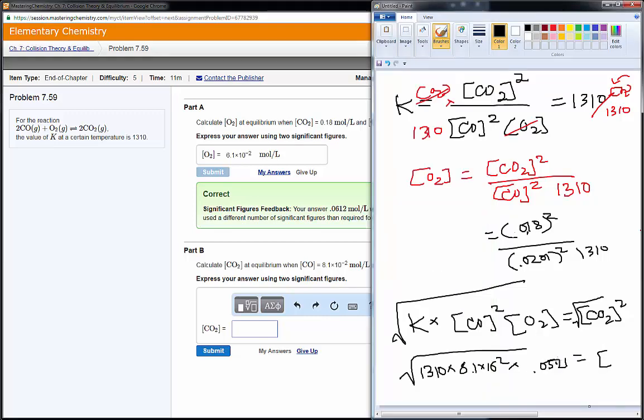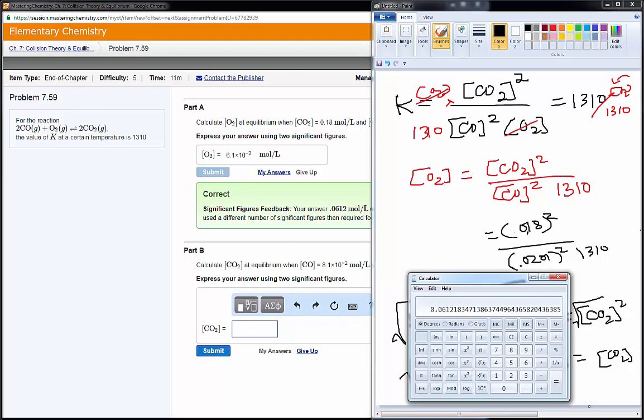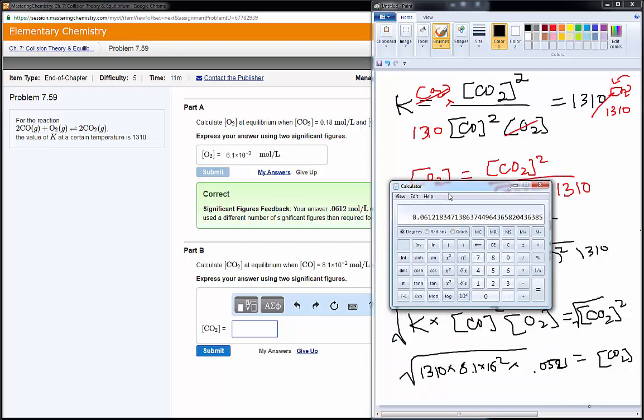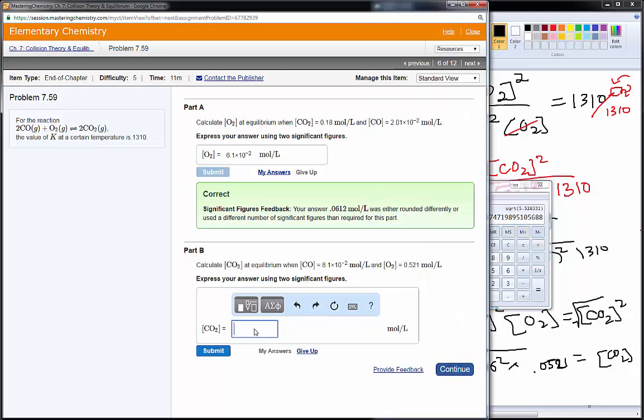It's going to give me the CO2. 1310 times 8.1 times 10 to the minus 2 times 0.0521 and take the square root of that. There's the square root. I get 2.35.